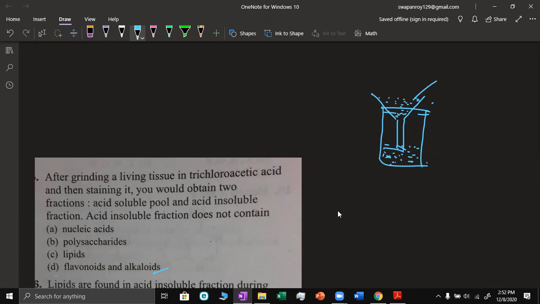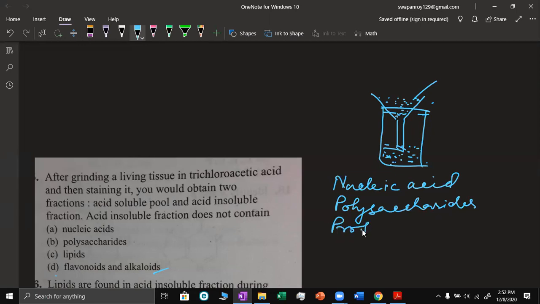So the acid insoluble portion actually has nucleic acid, polysaccharides, then protein and lipids.